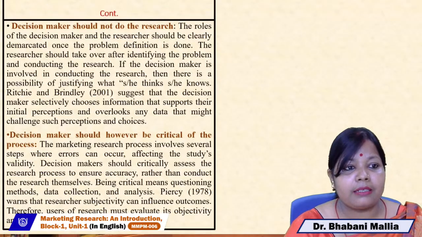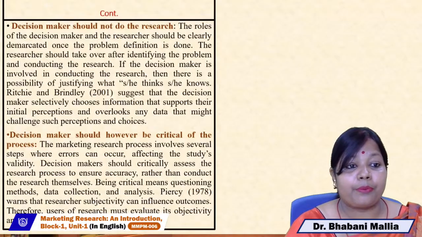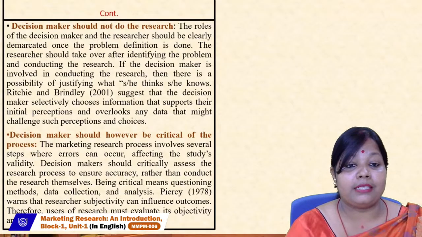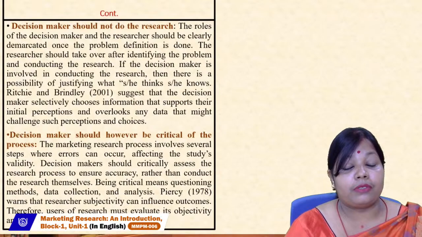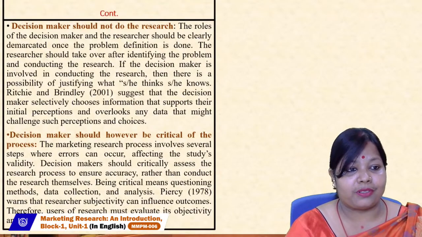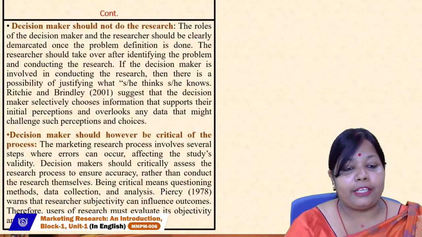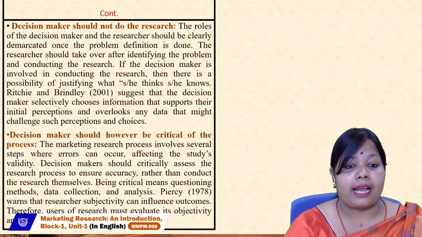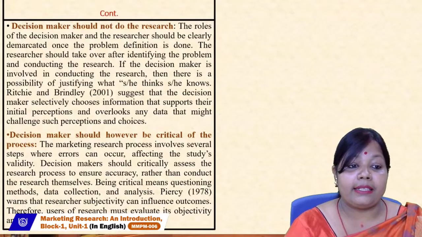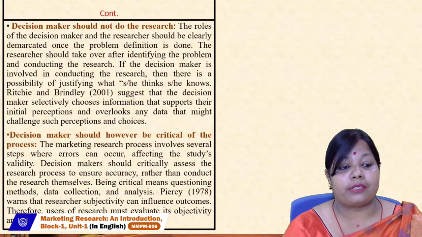If the decision maker is involved in conducting the research, then there is a possibility of justifying what he or she thinks or knows. Ritchie and Brantley in 2001 suggested that the decision maker selectively chooses the information that supports their initial perceptions and overlooks any data that might challenge such perceptions and choices.